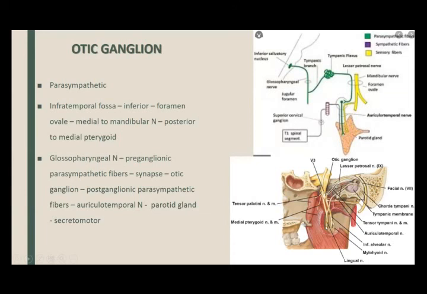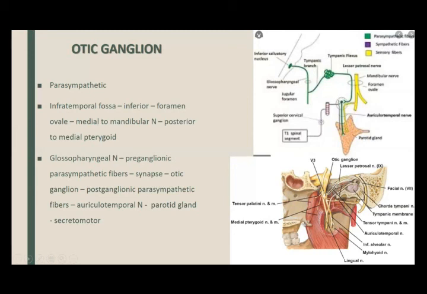Now from the glossopharyngeal nerve, the ninth cranial nerve, parasympathetic fibers arise. These fibers then travel to the otic ganglion.